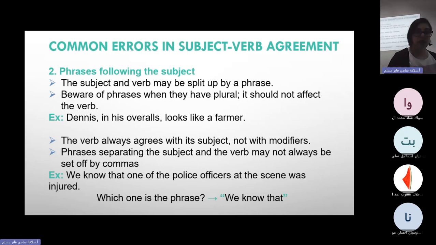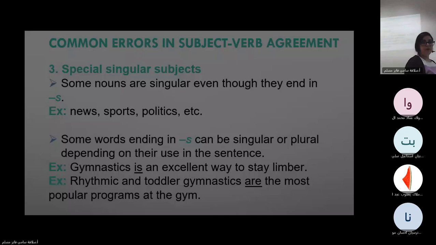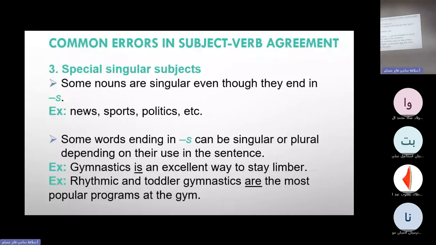Okay? All right. The third type of errors that anyone writing falls into is within the special singular subjects. Okay? Some nouns are singular, but what do they have? They end in S. Although they are singular. Example, Malak.